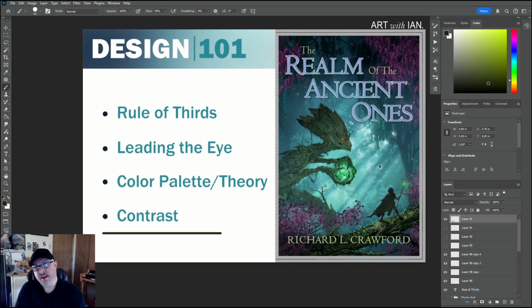And then you come down, and one more time, this point of interest is a little bit less pushed, and that's on purpose because I don't want this character standing here to be the most obvious and immediate thing that you feel in the cover. I actually want the creature and the title to pull you in. And then, oh, by the way, there's a character here.